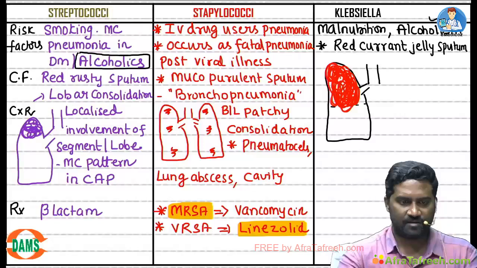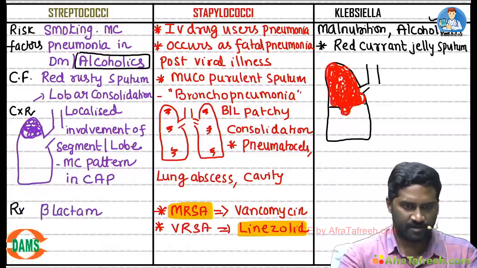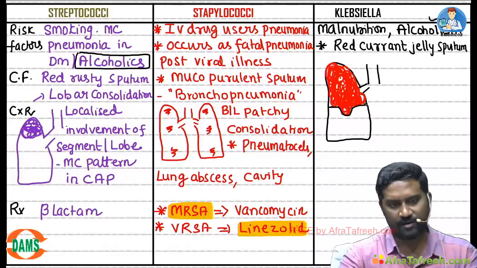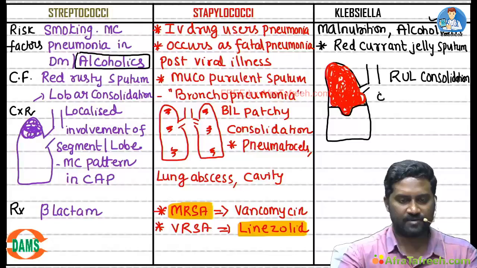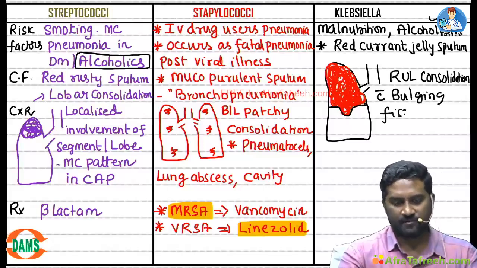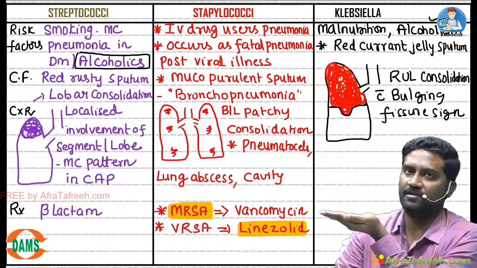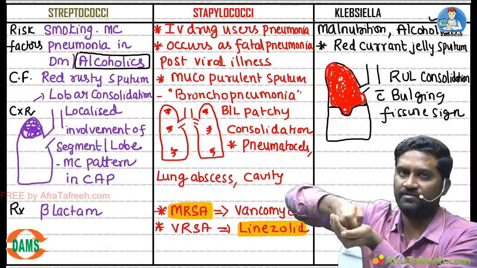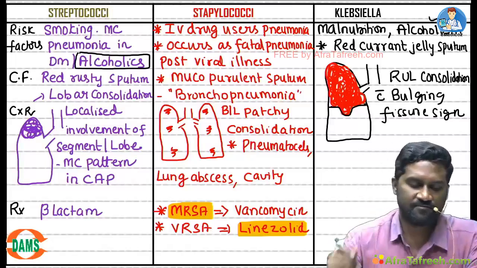Because of this huge consolidation, the horizontal fissure which was straight previously will slightly bulge down like this. Normally your horizontal fissure will be like this. Because of dense right upper lobe consolidation, your horizontal fissure will bulge down. This phenomenon is called the bulging fissure sign.